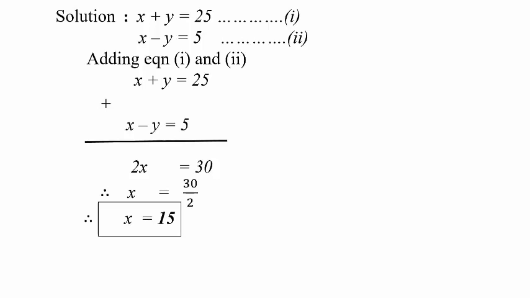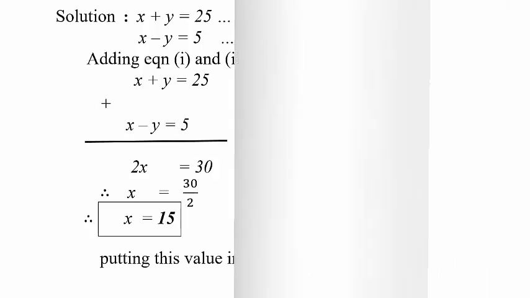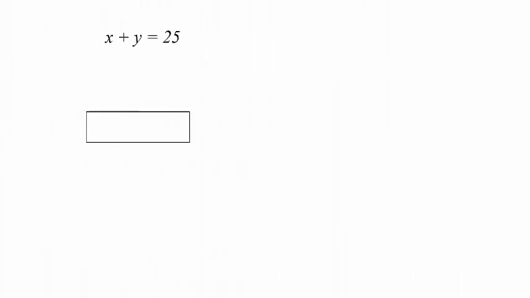Then by solving we get the value of x as 15. Then we put this value in equation number 1 or equation number 2. So here we put this value in equation number 1. Equation number 1 is x plus y is equal to 25, and we get the value of x as 15. So we put it here, and then we get the value of y as 10.